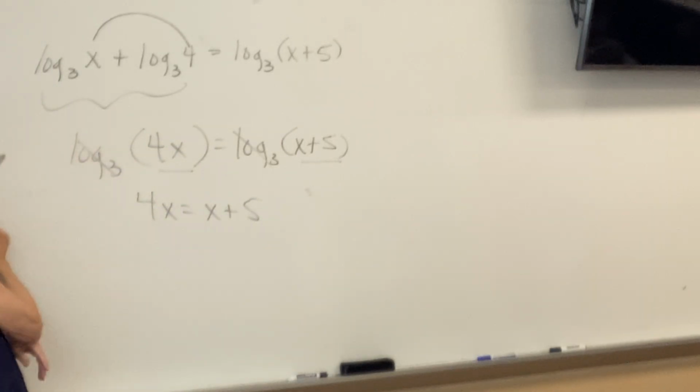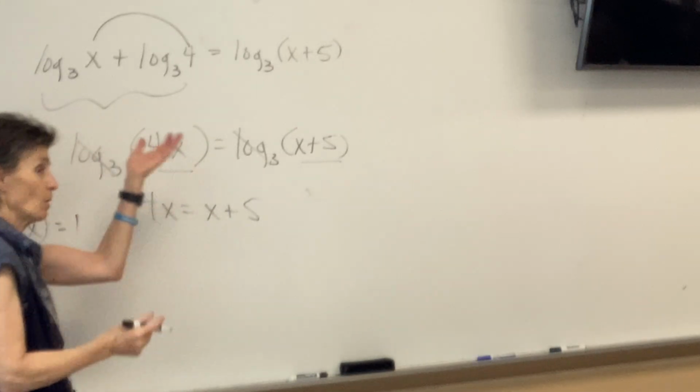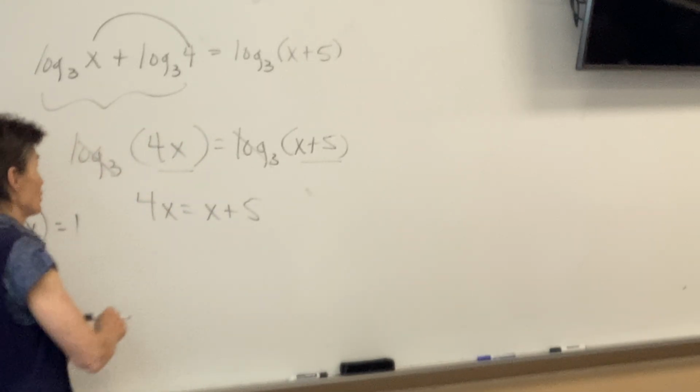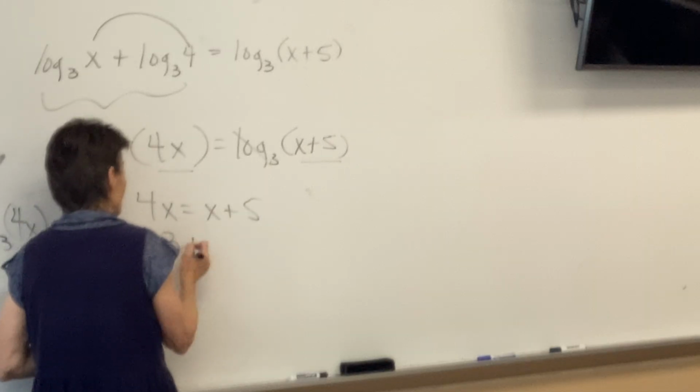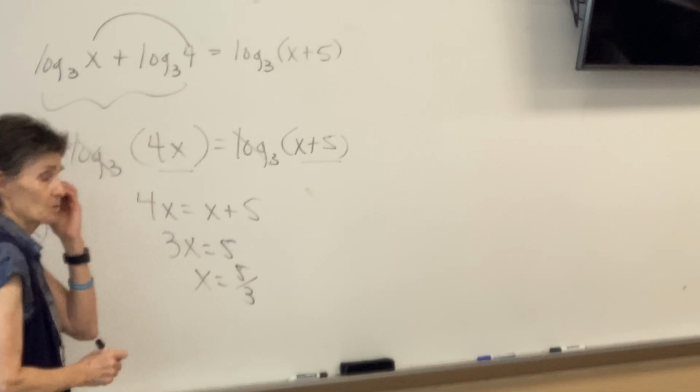If the problem looked like this, I would loop-de-loop. If I have a logarithm on both sides, if log equals log, then the numbers equal each other. So this equals that. So 3x equals 5 and x equals 5/3.